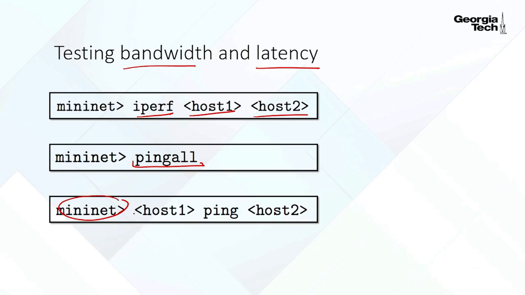So we define the host 1, that's the source. We use ping to contact host 2. Additionally, this is going to return us the information about the latency between host 1 and host 2, and this is going to be running repeatedly. You need to stop this using Control-C such that you don't get stuck in a while loop with the host 1 sending ping messages to the host.